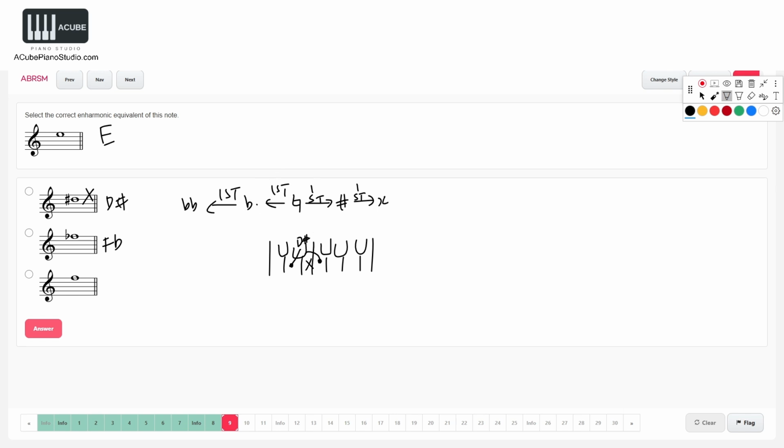So here is F flat, and F flat is the same as E. So yes, F flat is the enharmonic equivalent of this note here, which is E. This is F, which is here, so it's not enharmonic to E. So therefore the answer is this one here.